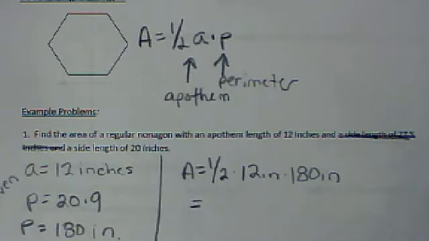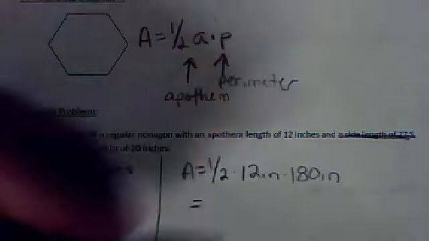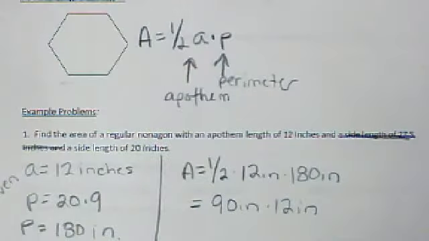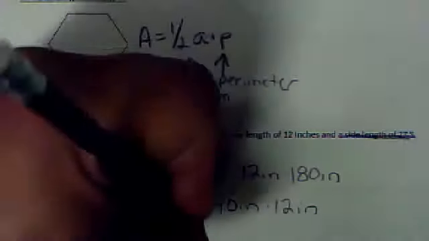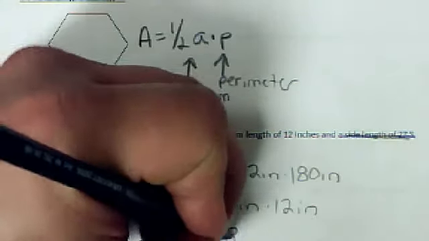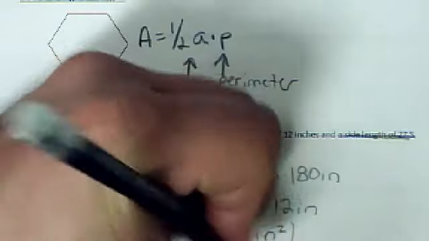Either way, I can do mental math. I'll do half of 180 is 90. So now I have 90 inches times 12 inches. Now I know that 9 times 12 is 108, so 90 times 12 must be 1,080. So my area is going to be 1,080 inches squared.